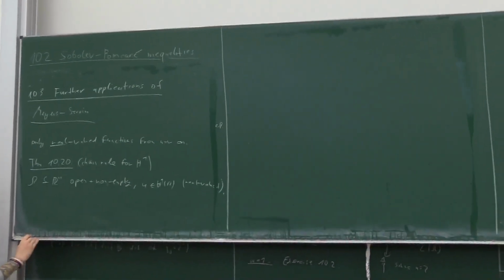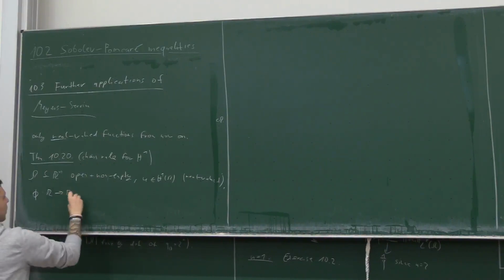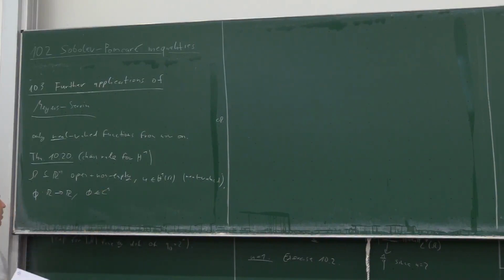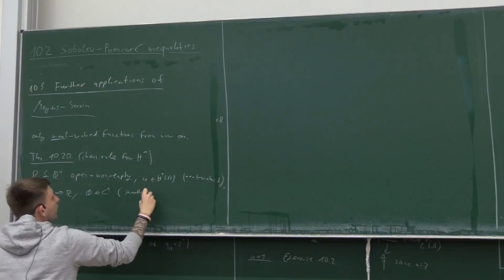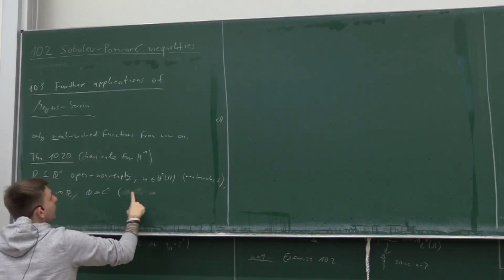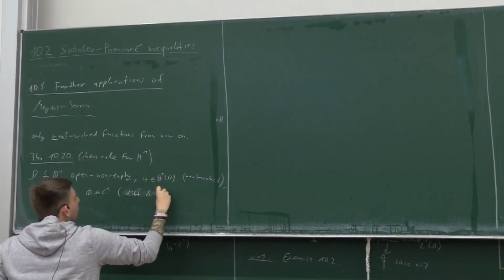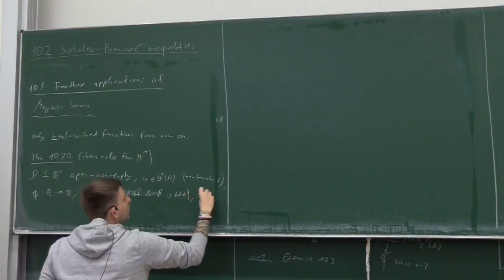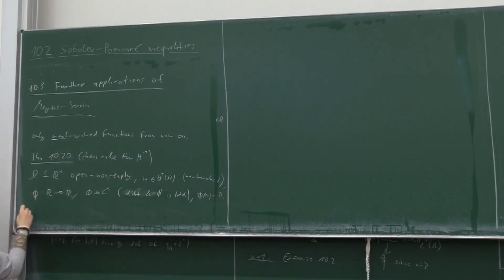The second function is a bit more regular: it is some phi, a function from R to R. We have that phi is C1, so it's differentiable, and phi prime is bounded. And we want to have that it vanishes in 0.